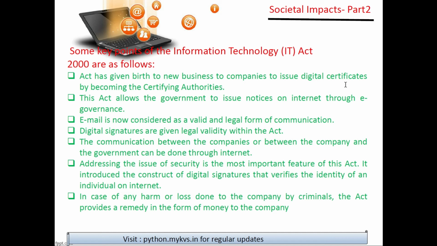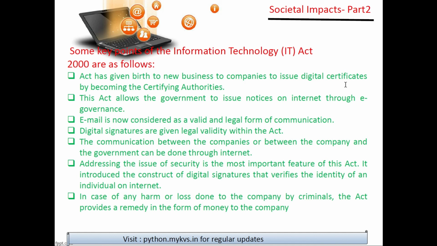Digital signatures are given legal validity within the Act, because whenever any company or organization releases any digital material, they keep their digital stamp or e-stamp on it. So it is unique, and it is the identifiable element of that particular document.